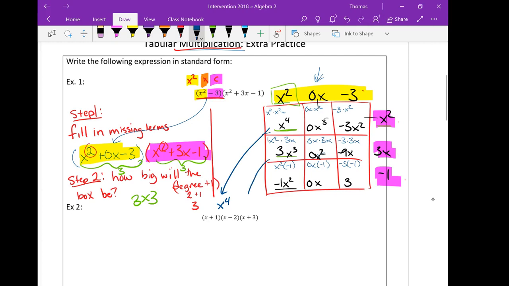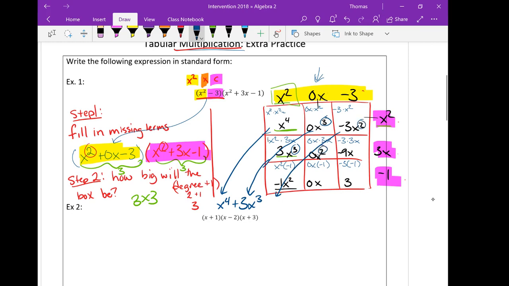But the next two diagonal boxes, 0x cubed and 3x cubed, those are our x cubes, so those are like terms. We need to combine them. We need to add them up. There's 3 from the lower box and 0 from this upper box. 3 plus 0 is just 3x cubed. And we can total also diagonally across these 3 squared boxes.